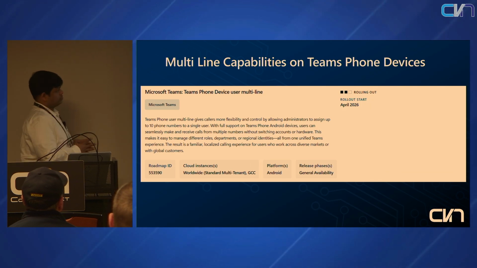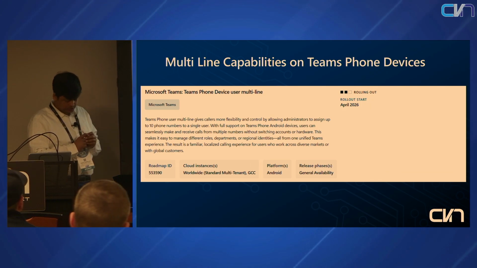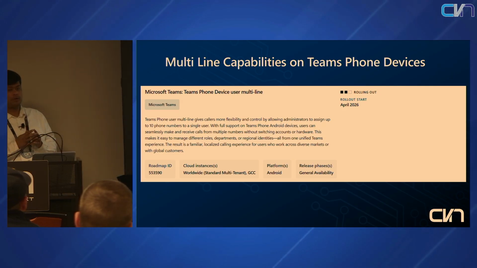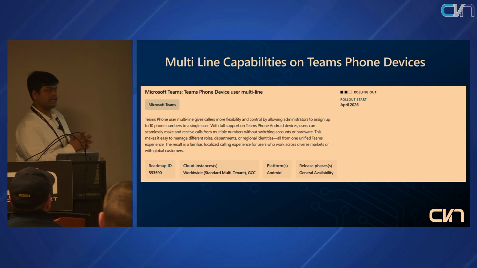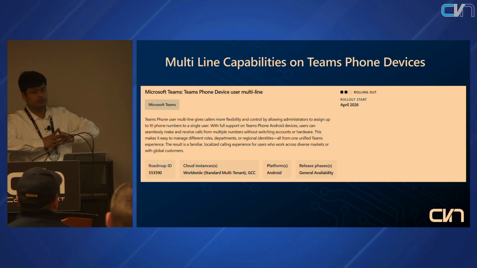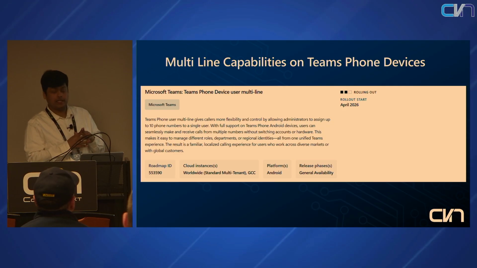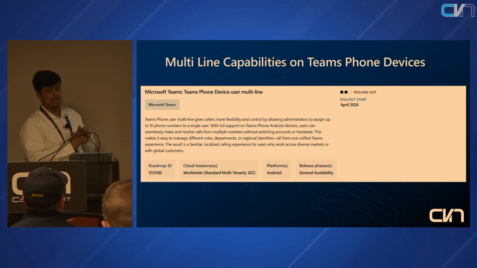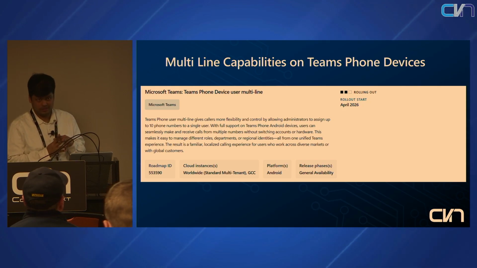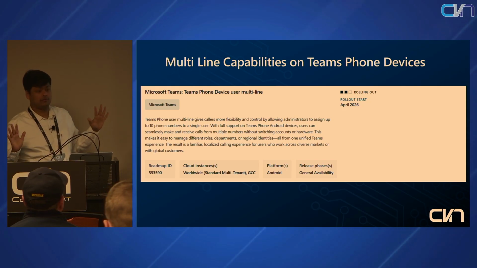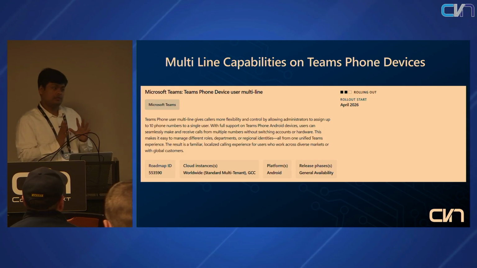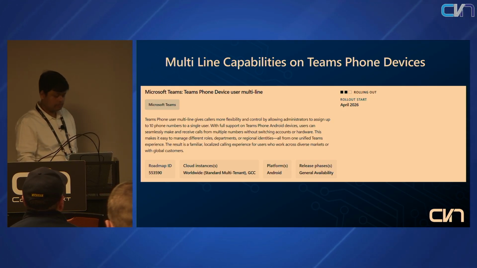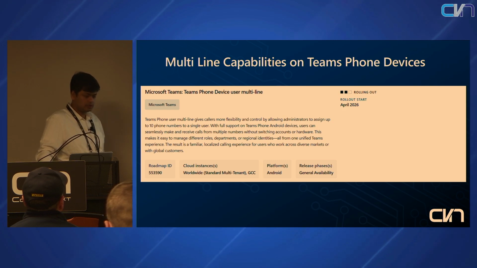Multi-line capabilities on Teams phone devices. So now you can have more than one DID that can be assigned to a user. You can assign 10 DIDs to one single user. Why the number 10? I have no idea. The only thing is you can have 10 numbers as such to assign to a user.